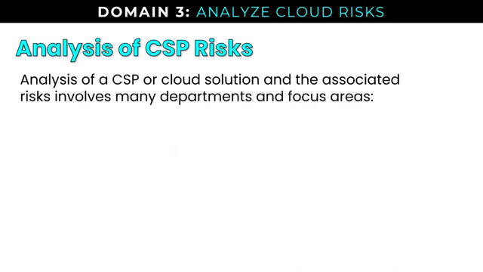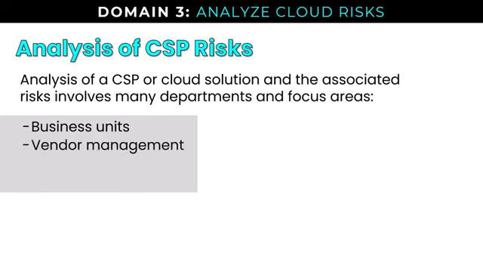When we're analyzing a CSP or a cloud solution and the associated risk, it's going to involve many departments and focus areas. Our business units will likely get involved, vendor management, our supply chain potentially, our privacy specialists when we're dealing with risks that involve data breach or data leaks, and our information security department, the folks responsible for securing our cloud infrastructure.